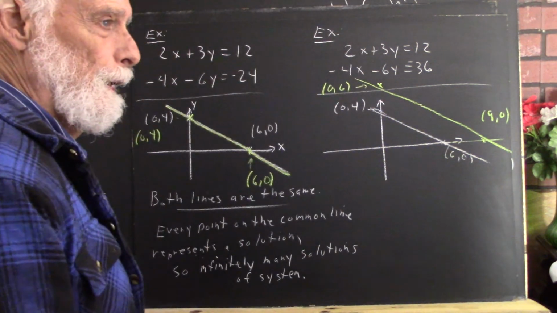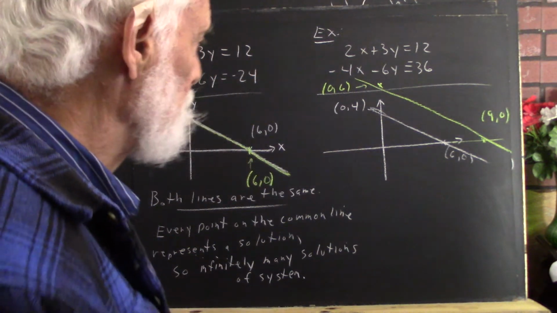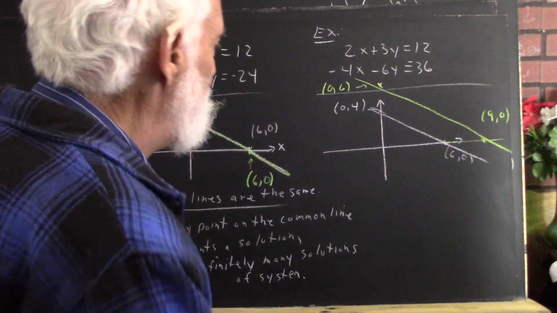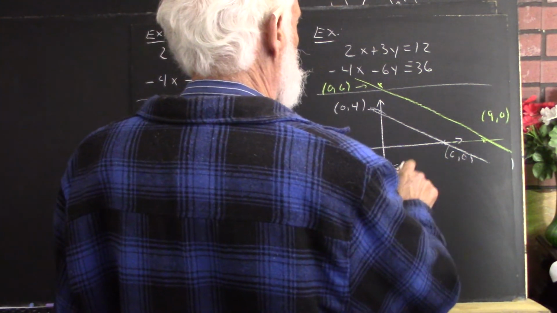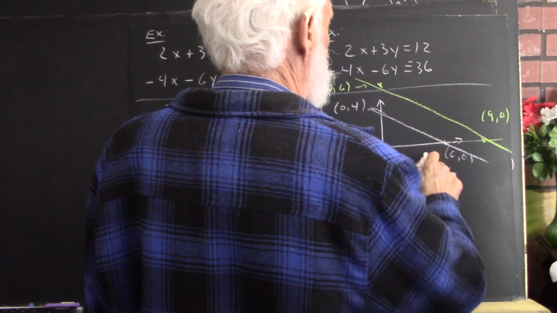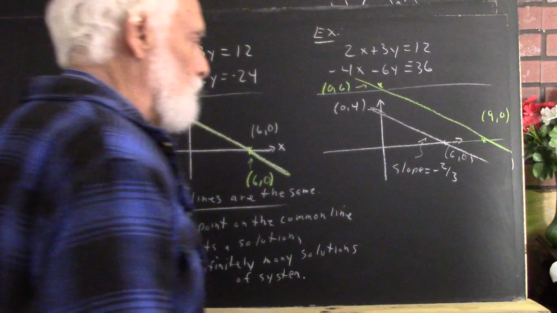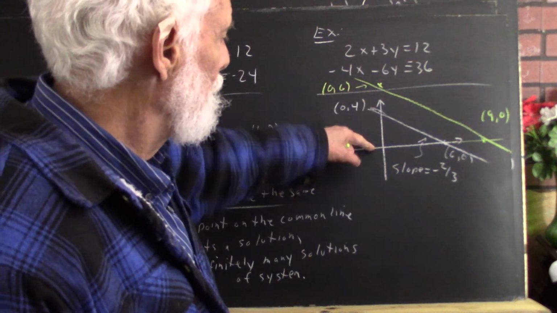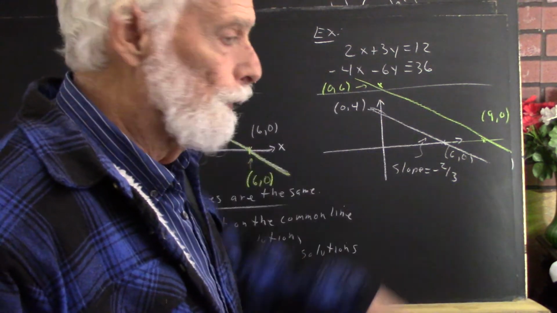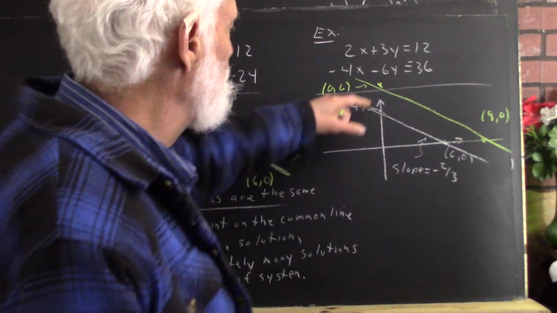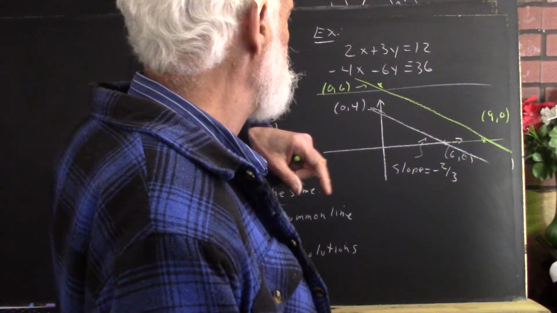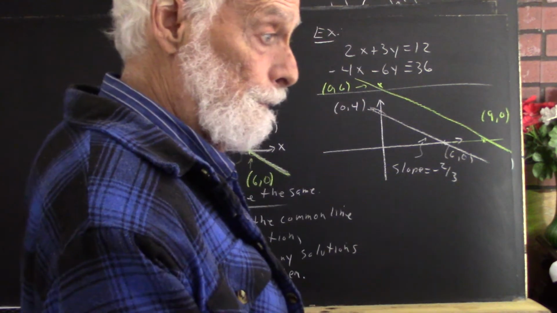Okay? And if these are graphed accurately, well, the slope of this graph is negative 4 divided by 6 if you do a fundamental triangle, negative 2/3. This would be negative 6 divided by 9.